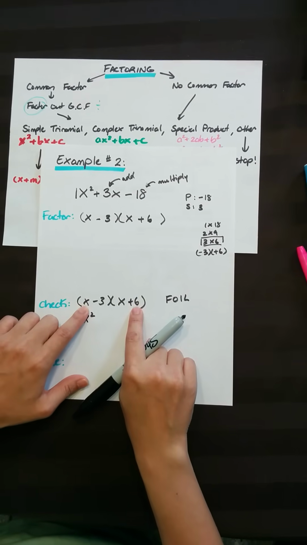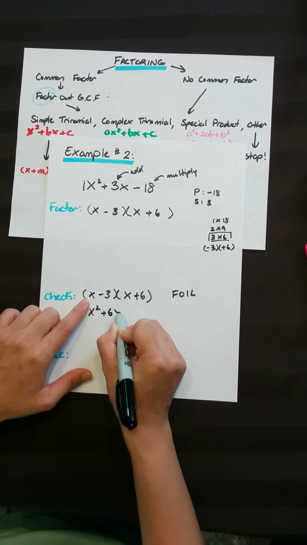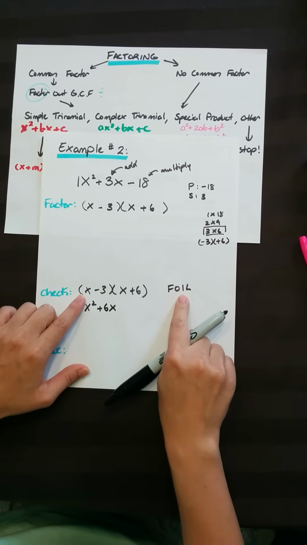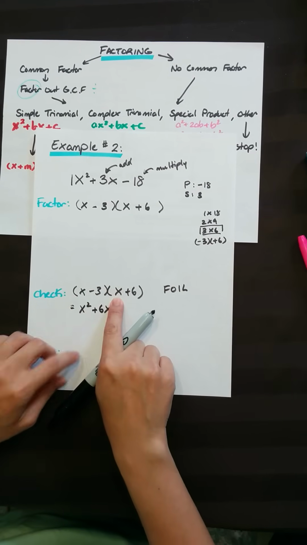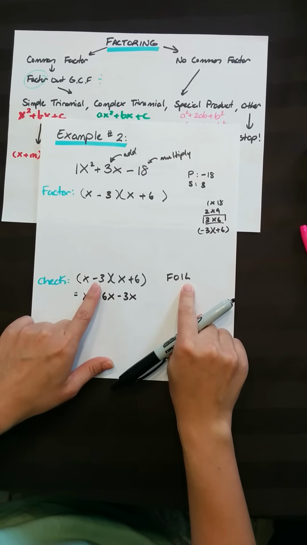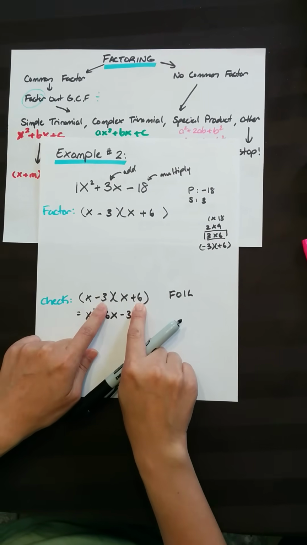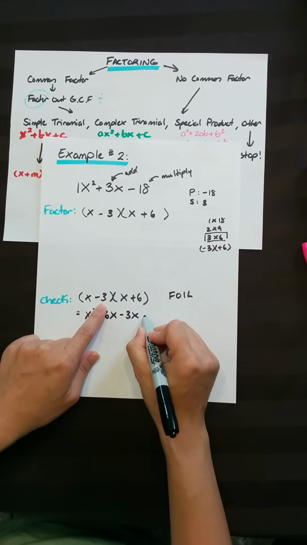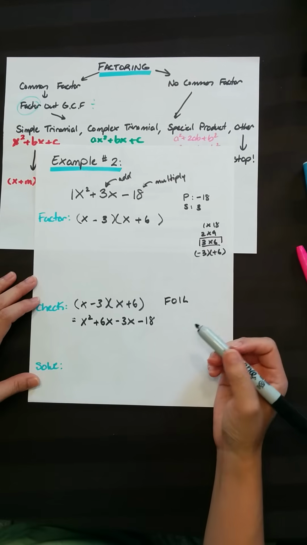So x times positive 6 is positive 6x. I for inside, that's these 2 on the inside. And when I multiply those, I get negative 3x. And then L for last. Negative 3 times positive 6. Those are the last in each bracket. That's negative 18.